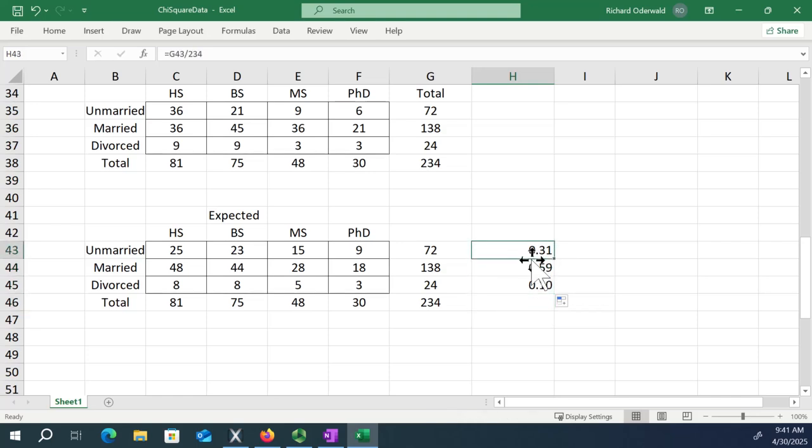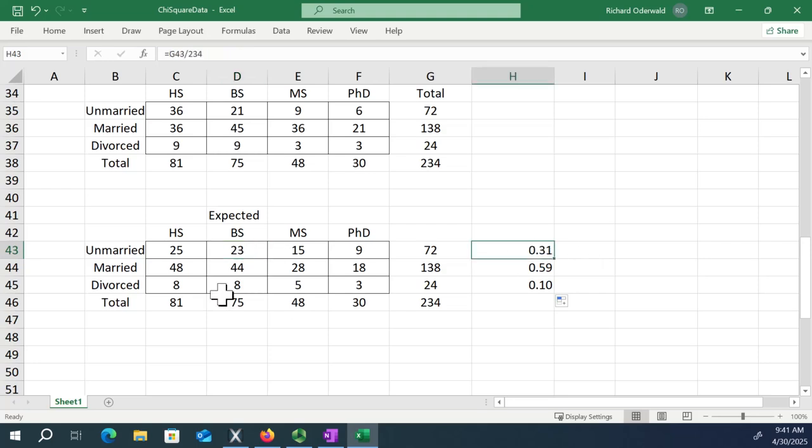So if I've got 31% in the unmarried category, I would expect 31% of each of these values to be in the unmarried cell.